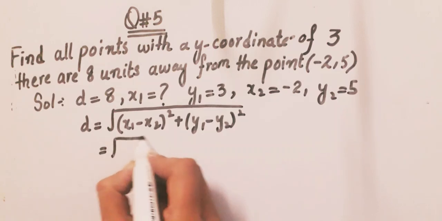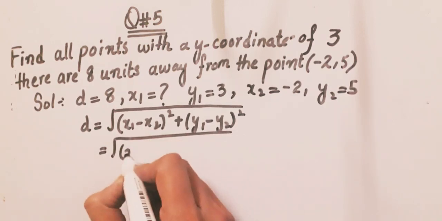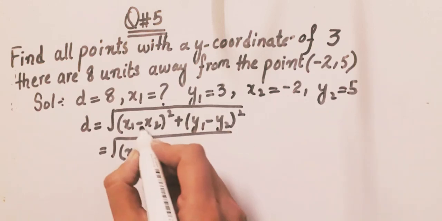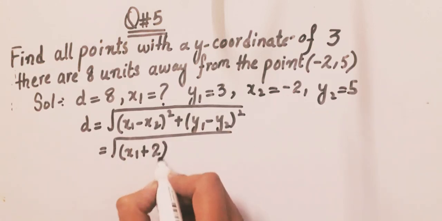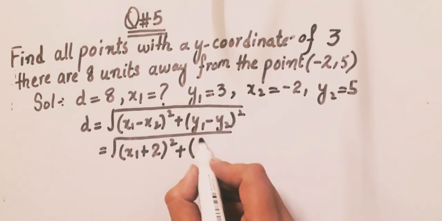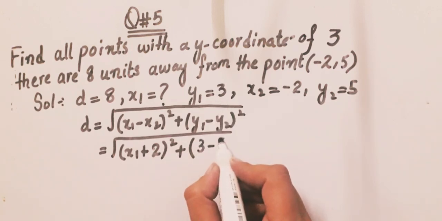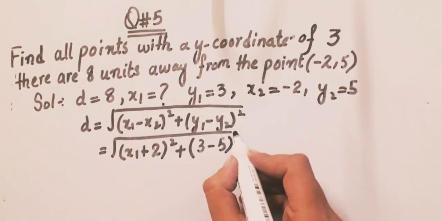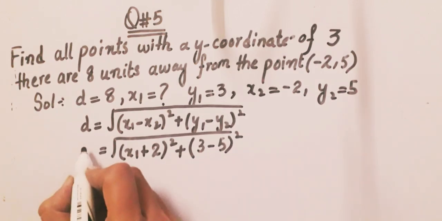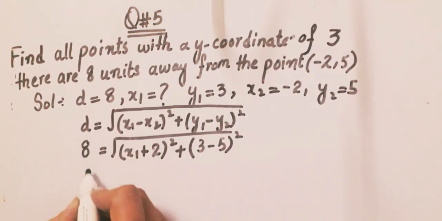Now x1 minus value of x2, which is minus 2, so minus minus will become plus 2. y1 minus y2 means 3 minus 5 square. Now distance is equal to 8 which is given.